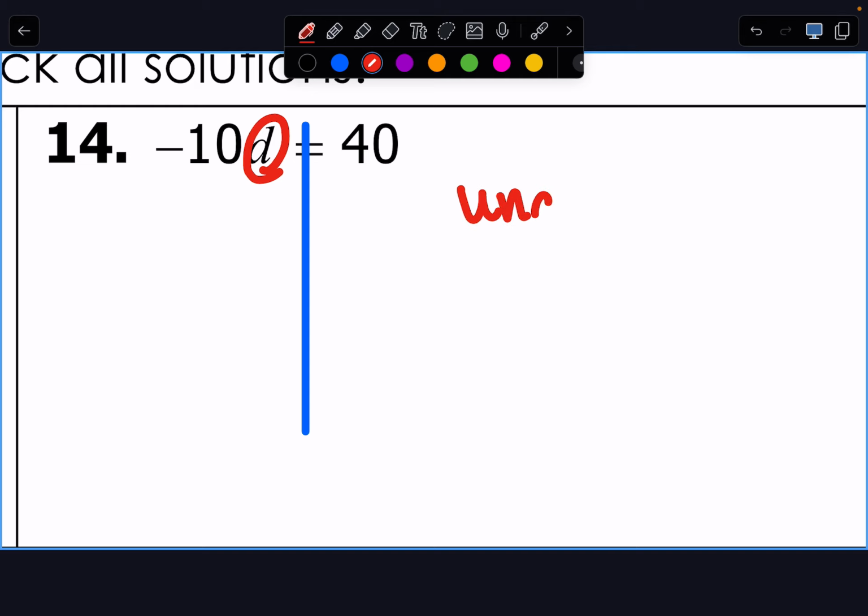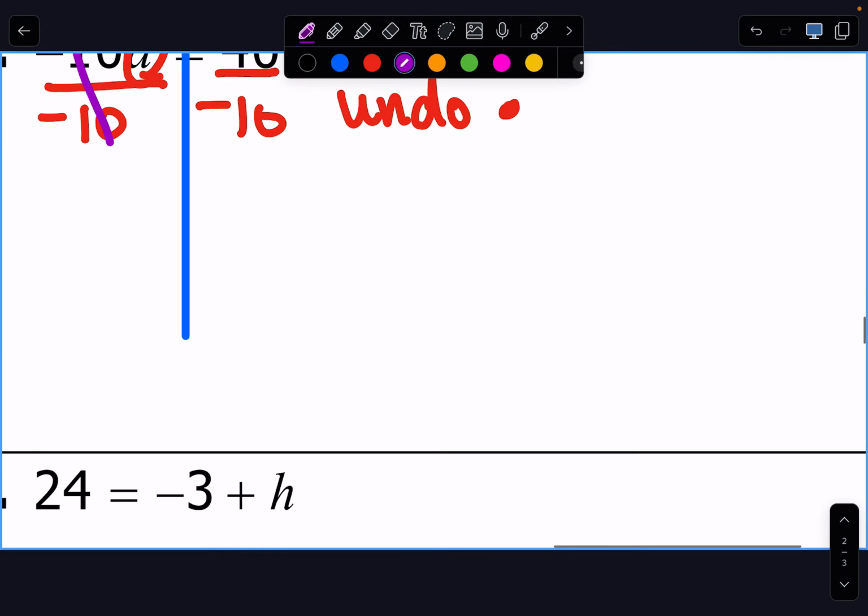Multiplication. So we need to undo multiplication. Once we figure that out, now we need to choose its inverse. How do we undo multiplication? Then we need to divide both sides by negative 10. Okay. That is what I want you to be thinking about as you are doing these.